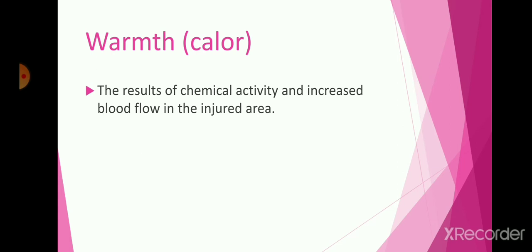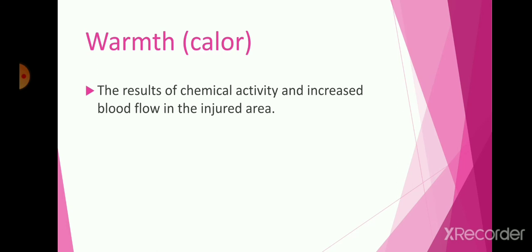You can feel it whenever you get injured: the place where the injury occurred is slightly heated. This occurs due to the increased flow of blood and chemical activity like prostaglandin, serotonin and other chemicals. So this is the second sign of inflammation, which is helpful for the elimination of microorganisms from the injured site.